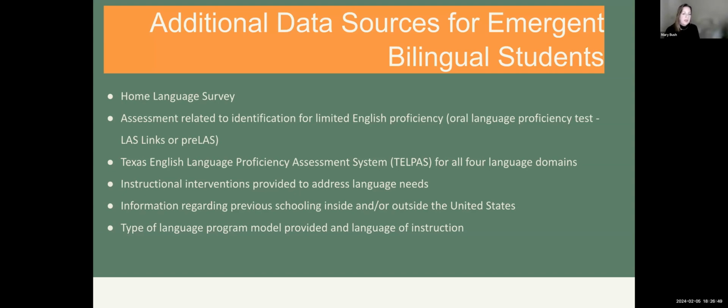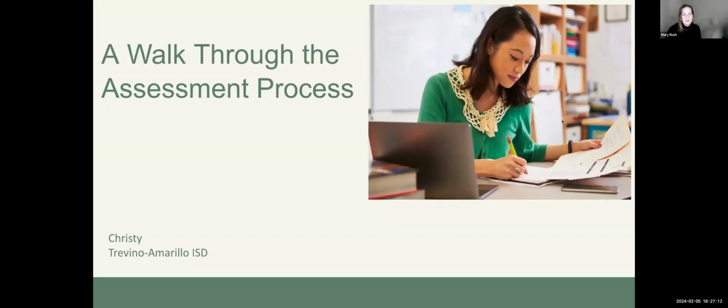Did they come from an all native language setting? Were they in a bilingual program, maybe in another state or in another part of Texas? And now they're in my school, and we only have an ESL program, so it's all English, and they've been going from bilingual to all English. So those are all questions that you would want to ask yourself prior to the evaluation, and keep track of those kinds of things. They will give you clues.